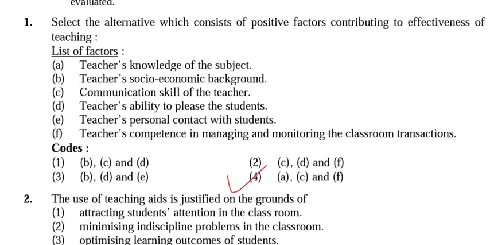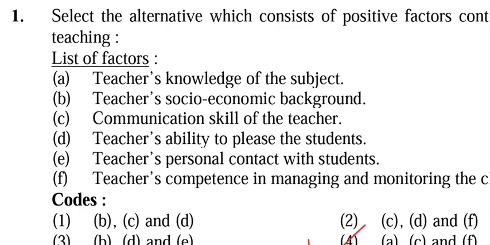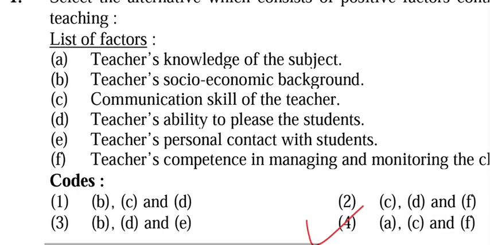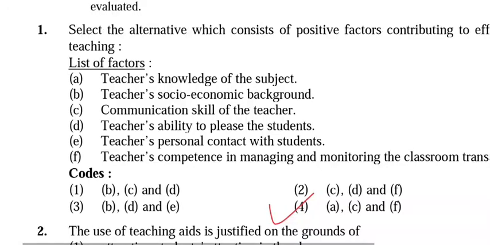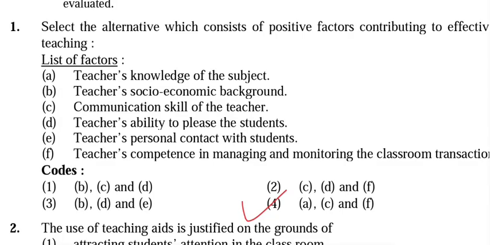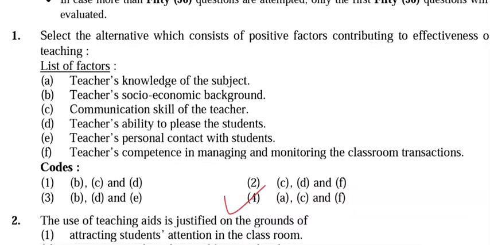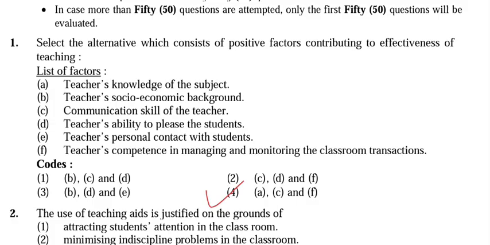A was teacher's knowledge of the subject, then communication skill of the teacher, and then teacher's competence in managing and monitoring the class. So these are the alternative which consist of positive factors which contribute to the effectiveness of teaching.